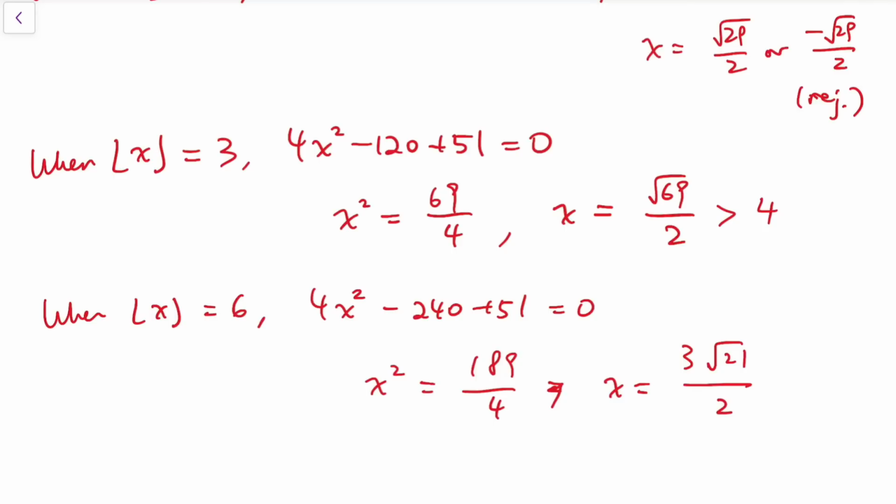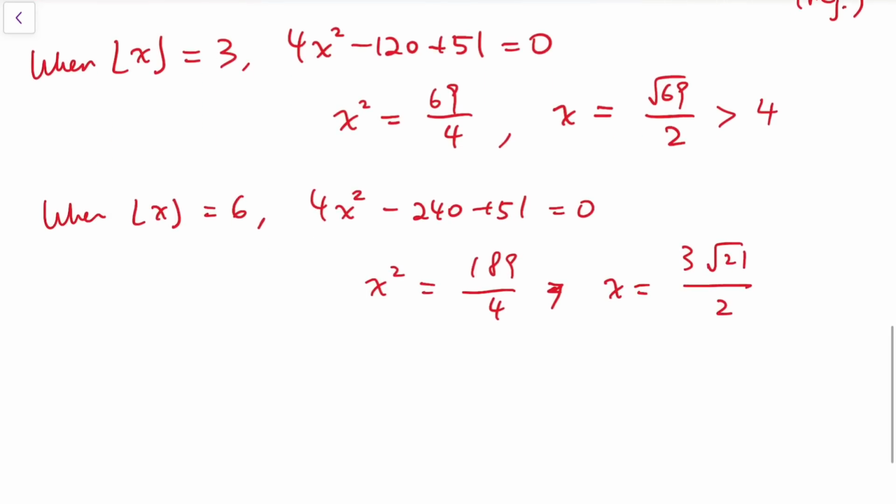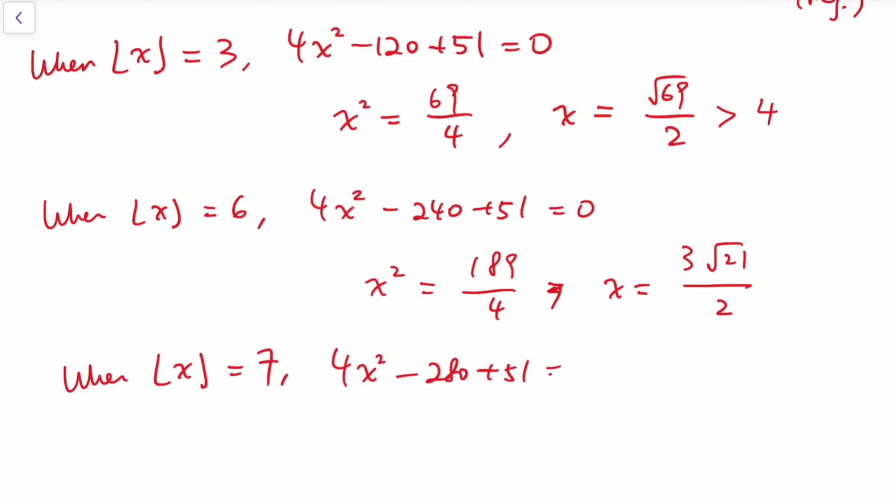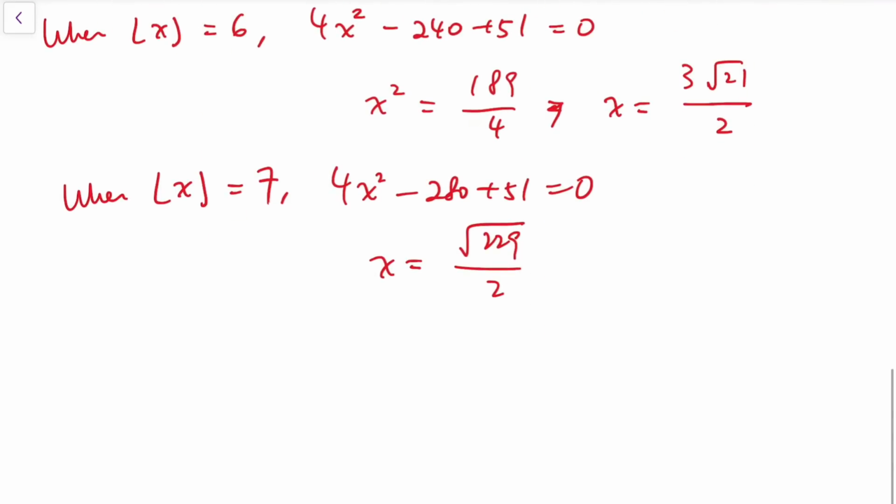So when it's multiplied by 3 and divided by 2, it's about 6.7 to 6.8. So it's a valid solution. When the floor function equals 7, x is equal to square root 229 over 2. And because it's about 15 over 2, again, it's a valid solution.